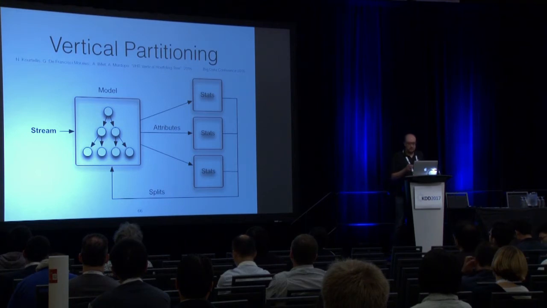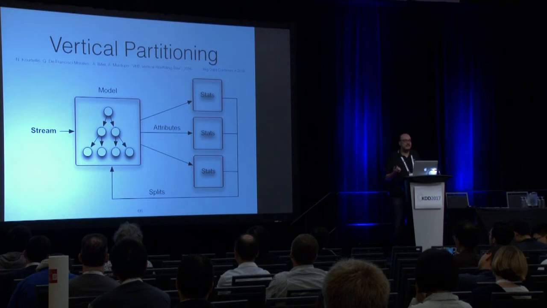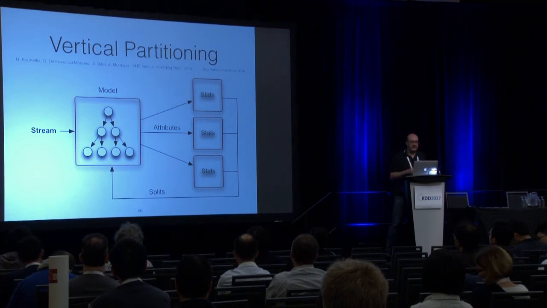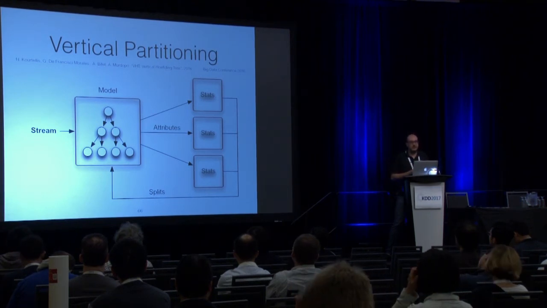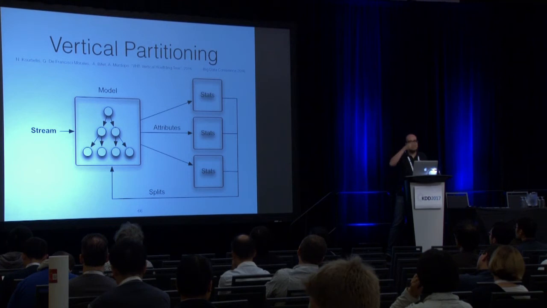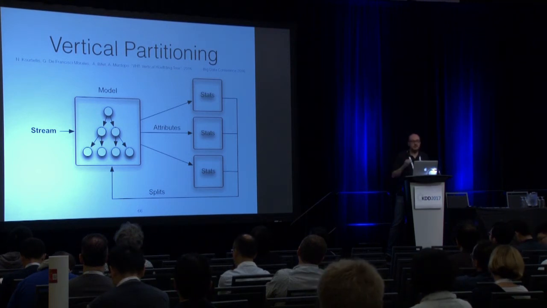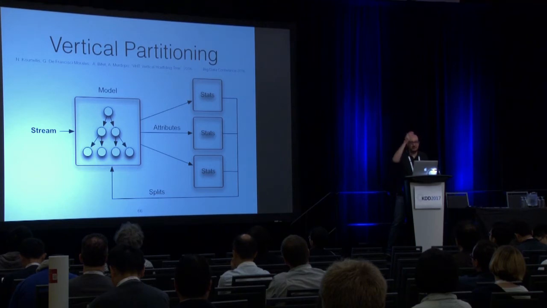And just to show you an example, this is a vertical Hoeffding tree, based on the Hoeffding tree. It's a distributed version. In that case, it's vertical because we are going to distribute through the attributes instead of the instances, which would be horizontal partitioning. So we are going to distribute through the attributes.